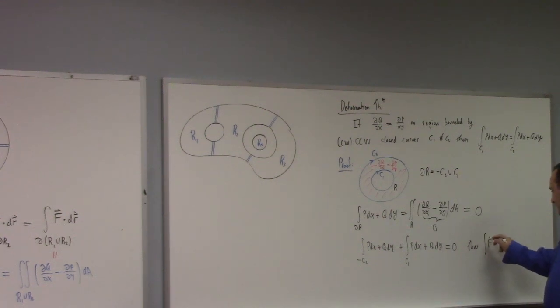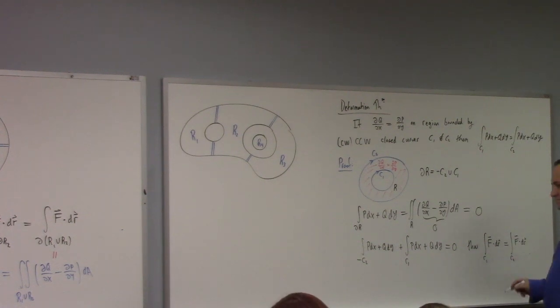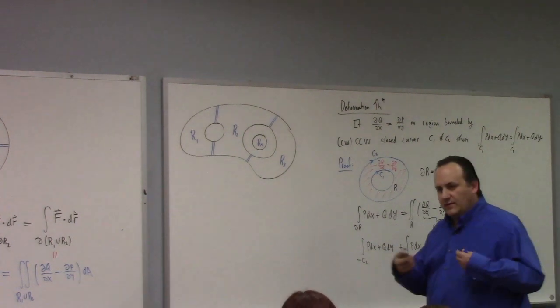The integral of f dot dr over C1 is equal to the integral of f dot dr over C2. And you can see that this proof is easily adapted in the case that they're both counterclockwise, right?